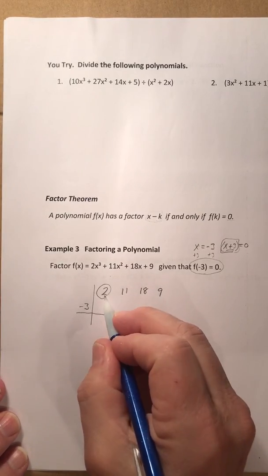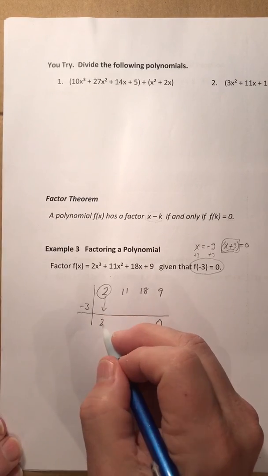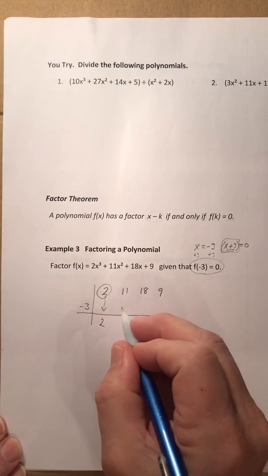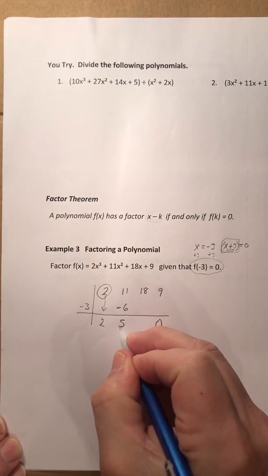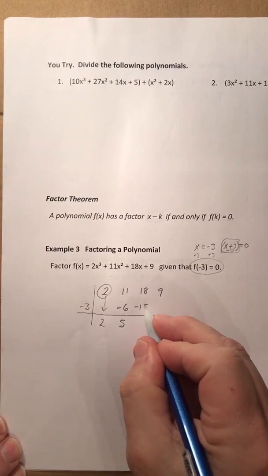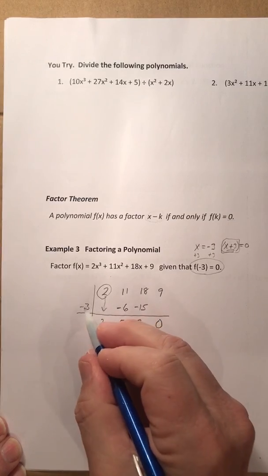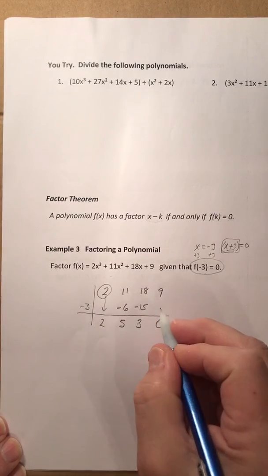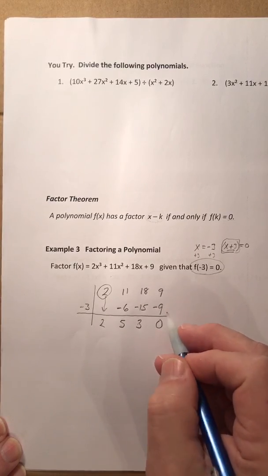We drop this down. Negative 3 times 2 gives us negative 6. We add, which gives us 5. Negative 3 times 5 gives us negative 15, and we add 18, which gives us 3. Then negative 3 times 3 is negative 9, and 9 and negative 9 give us 0.